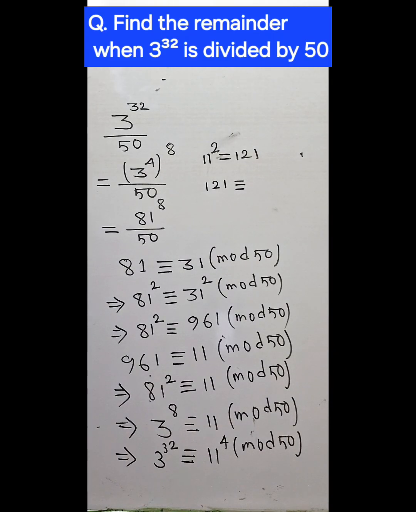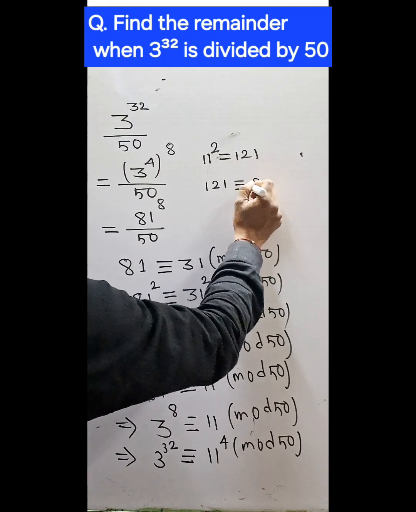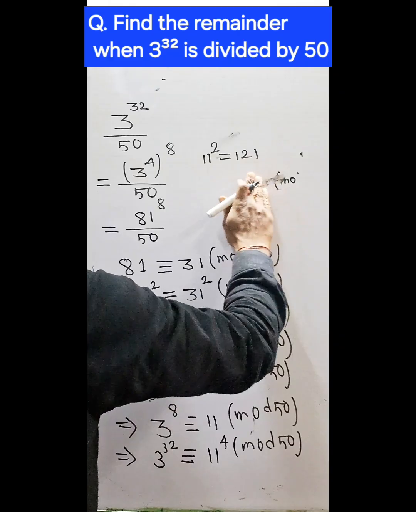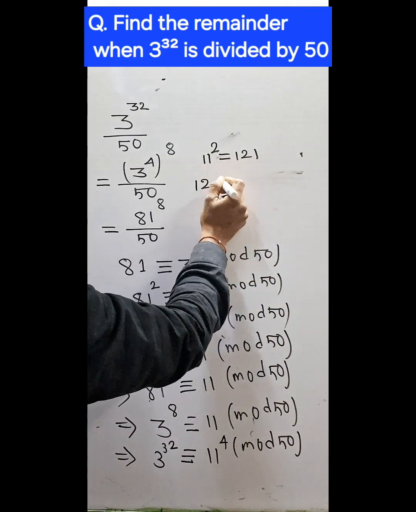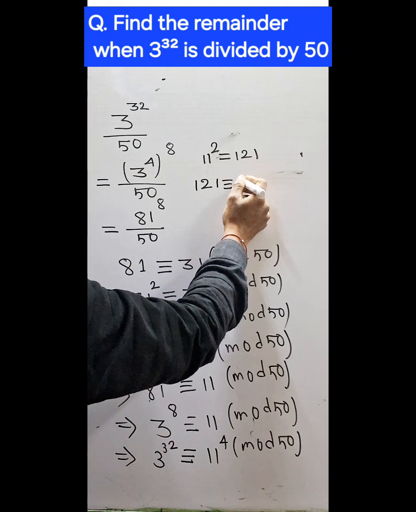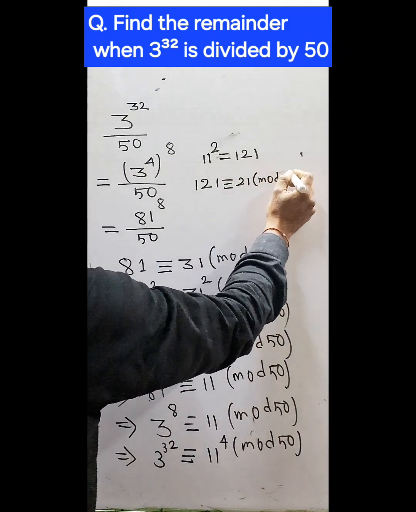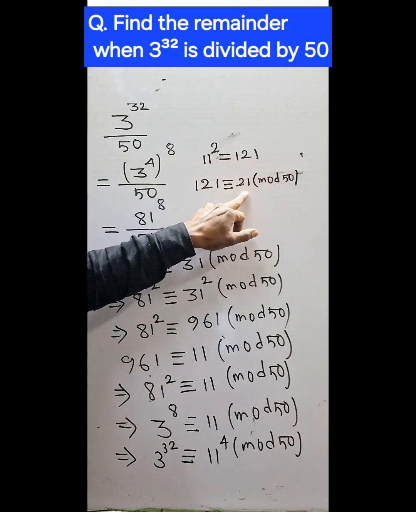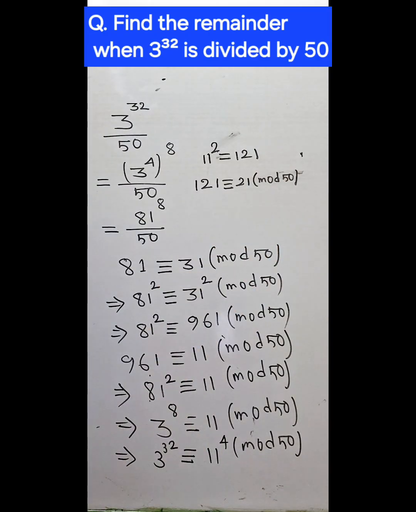Your remainder will be 21, modulo 50. I mean to say 11 squared is 121. So 121 we can say is congruent to 21 modulo 50. It means if 121 is divided by 50, remainder is 21. Or you can say 121 minus 21 is exactly divisible by 50.